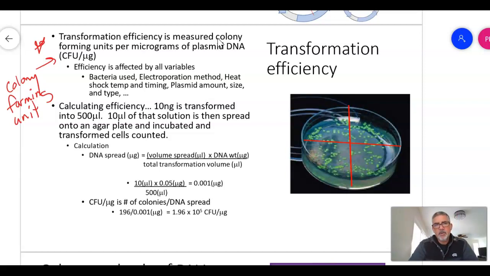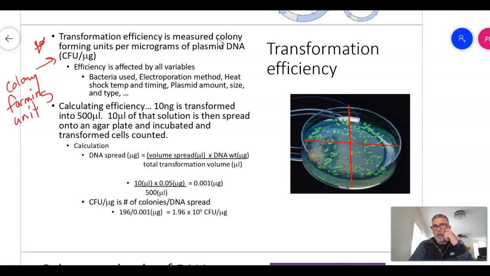Efficiency, we do it as CFUs per microgram. So we calculate the efficiency based on the amount of plasmid we put in there. So for instance, if 10 nanograms of plasmid DNA is put into 500 microliters, and then we take 10 microliters and spread it onto our agar plate, our DNA in micrograms will be the volume spread times my DNA weight.